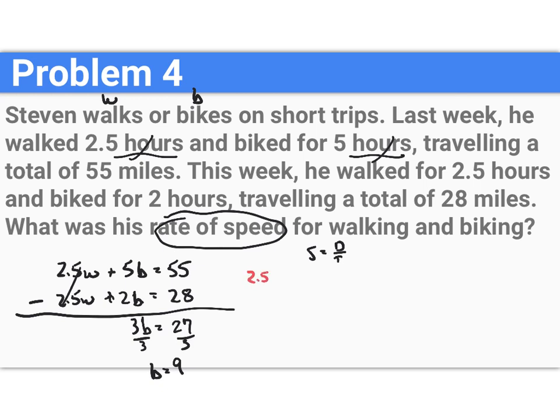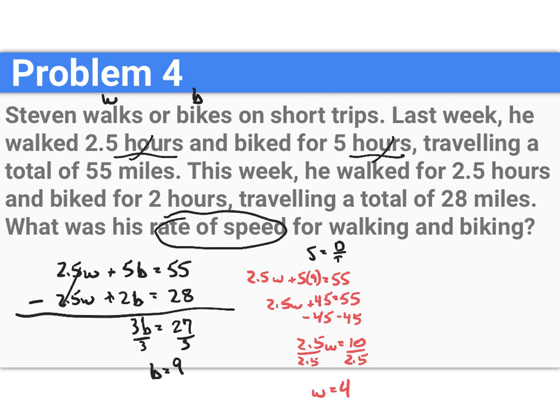2.5 W plus 45. Subtract 45 from both sides. 2.5 W equals 10. Divide by 2.5. Walking is 4.